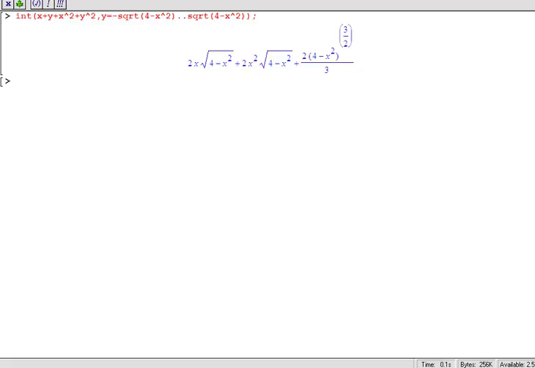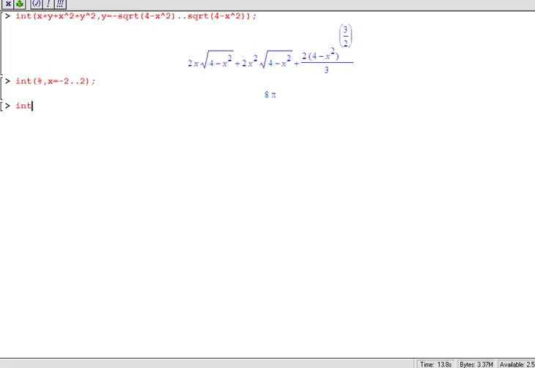Okay, and then we're going to integrate that where x is negative 2 to 2. So we get 8 pi.